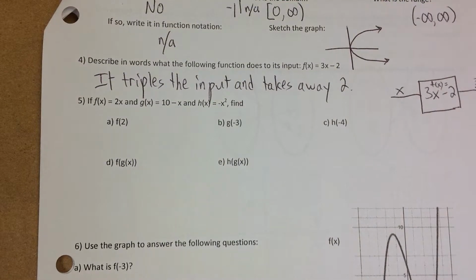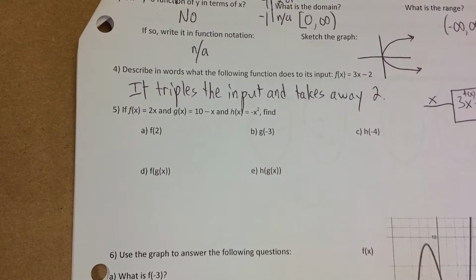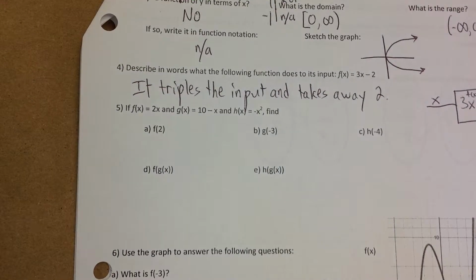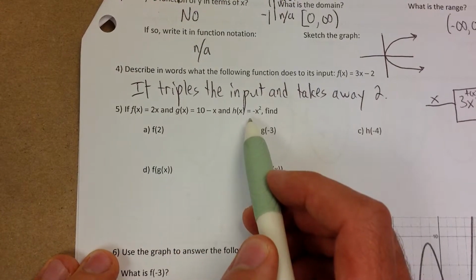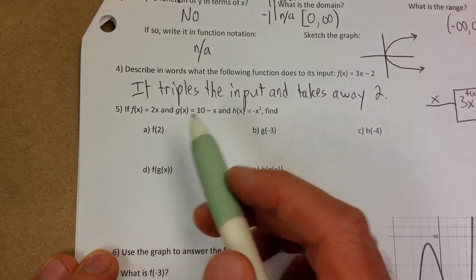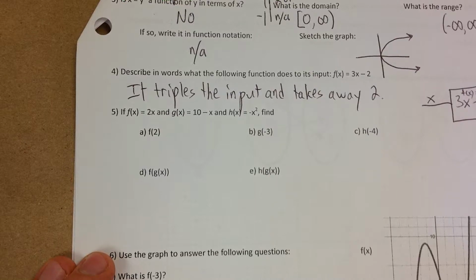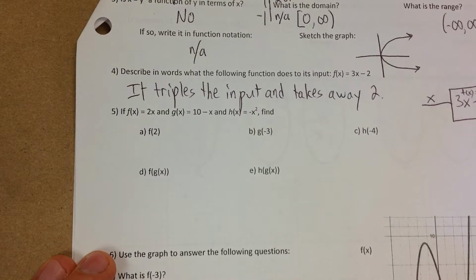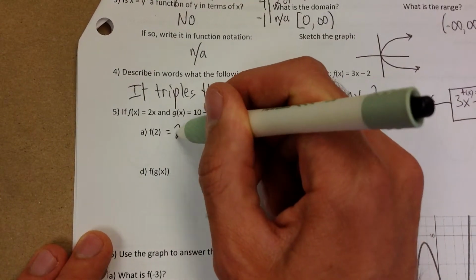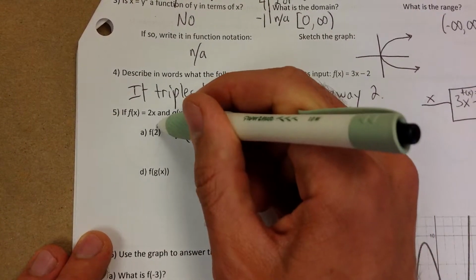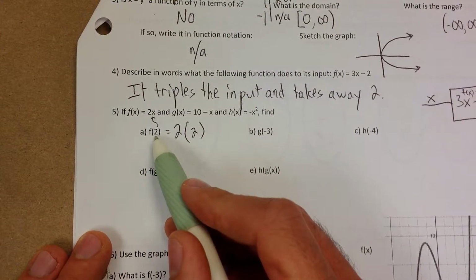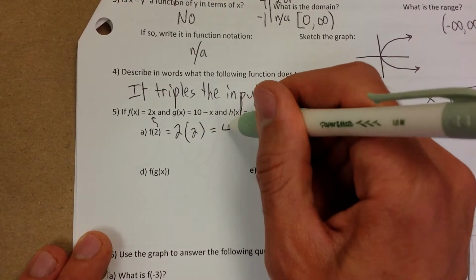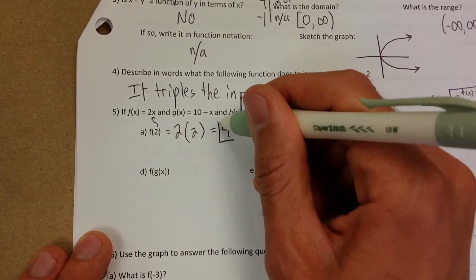Good. 5. Amber. We have a definition of f of x and g of x and h of x. Could you tell me how to find f of 2? Okay, well, I just said f of 2 equals 2 times 2, so f of 2 equals 4. Yep, you're just substituting. Every time you see x in the function definition, replace it with whatever's in the parentheses here. So the value of this function at x equals 2 is 4.